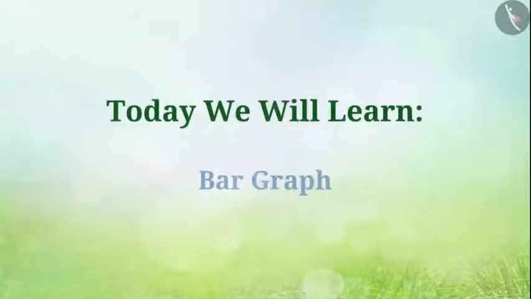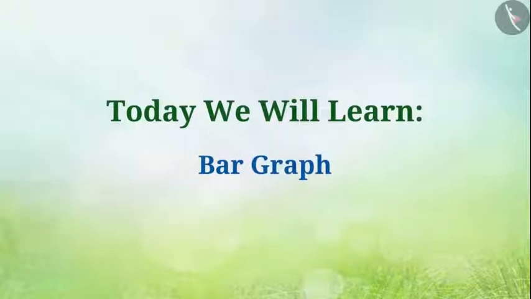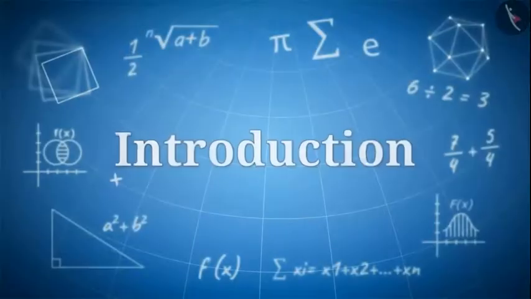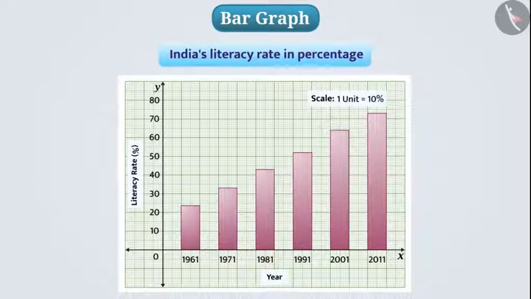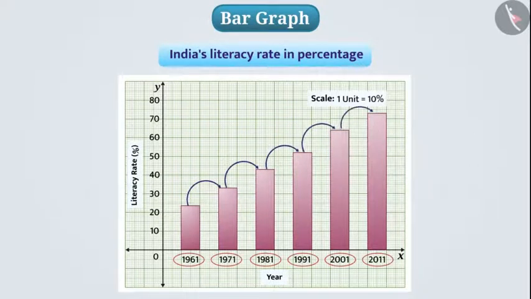Today we will learn about bar graphs. You must have seen bar graphs many times. Like here, this represents India's literacy rate in percentage. Looking at this, we can compare the literacy rate of given years.